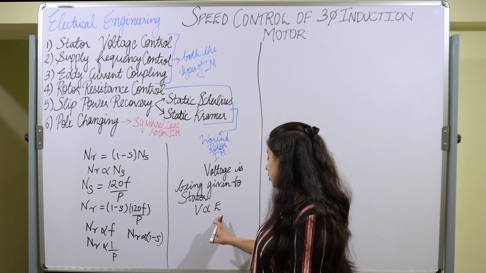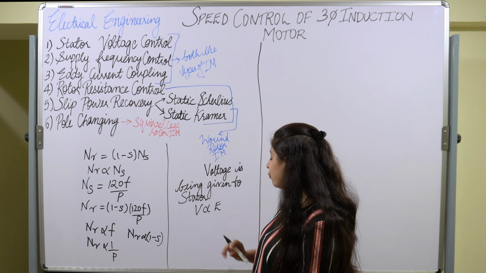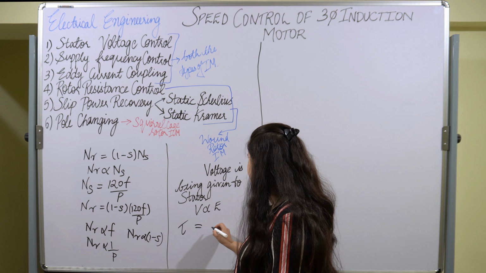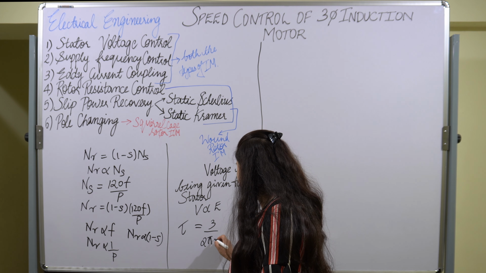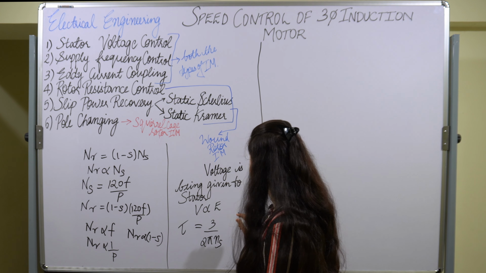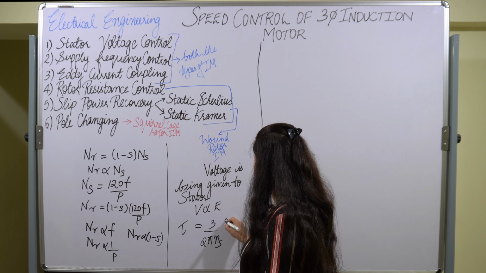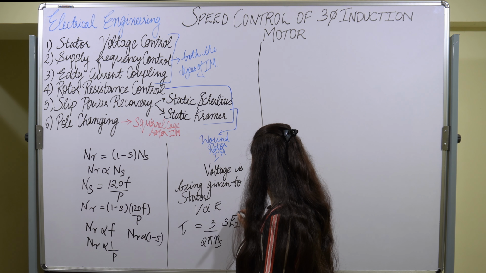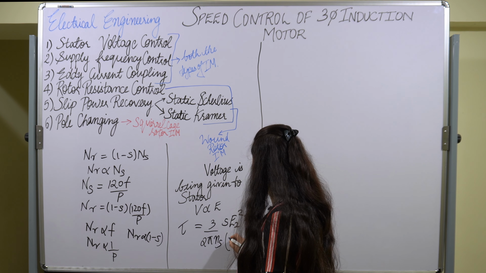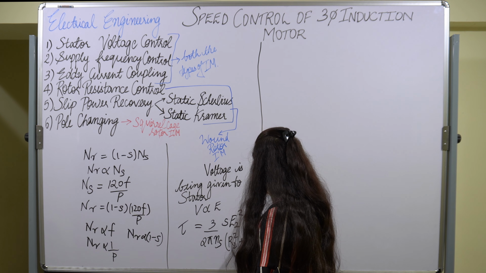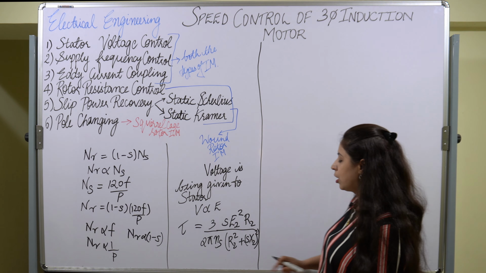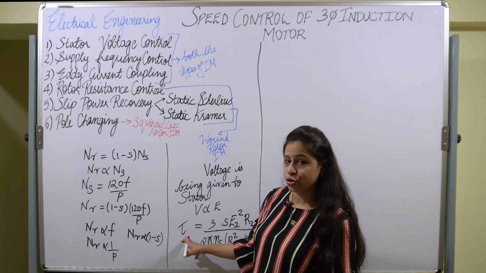So my voltage will be proportional to the EMF. And I know my torque equation is given by 3 upon 2 pi Ns into s E2 square R2 upon R2 square plus (s X2) square. So this is the torque equation of the induction motor.